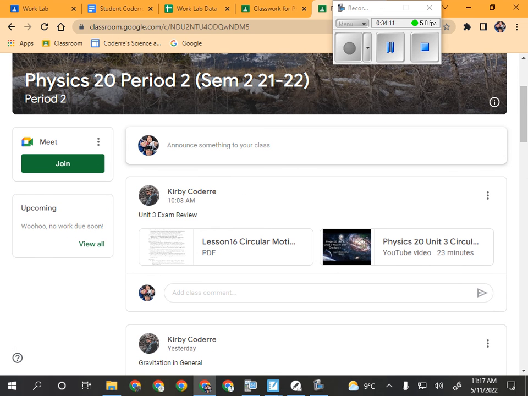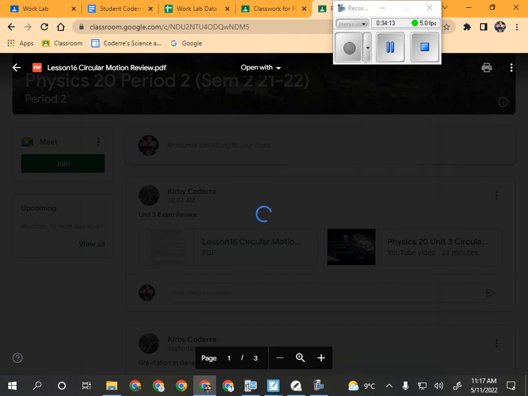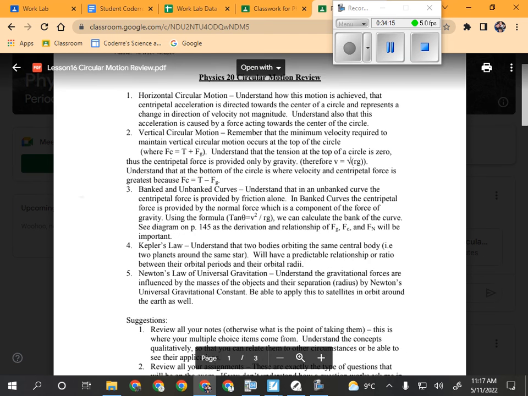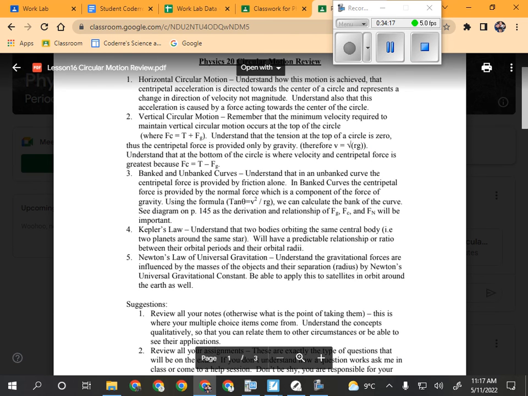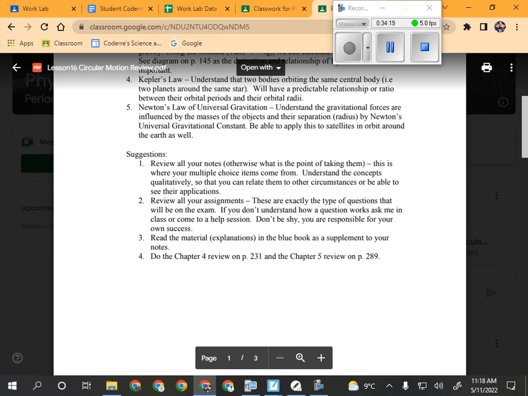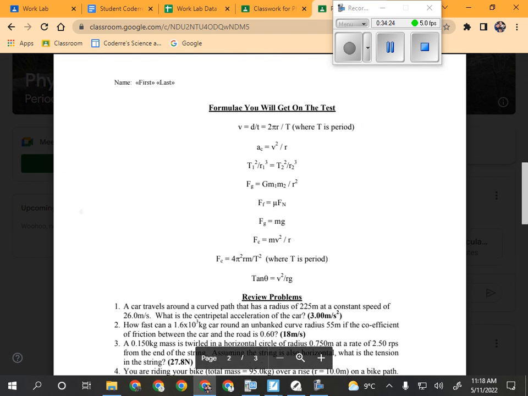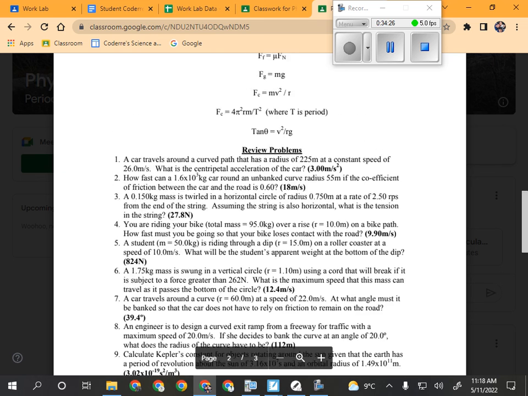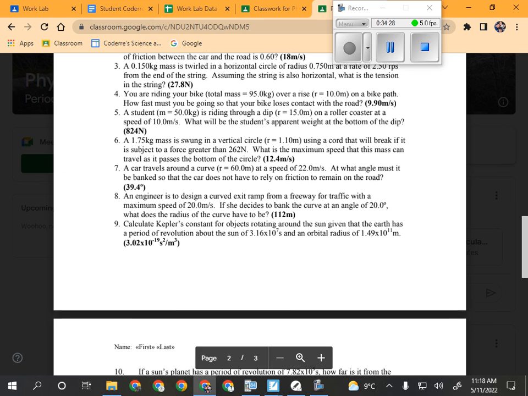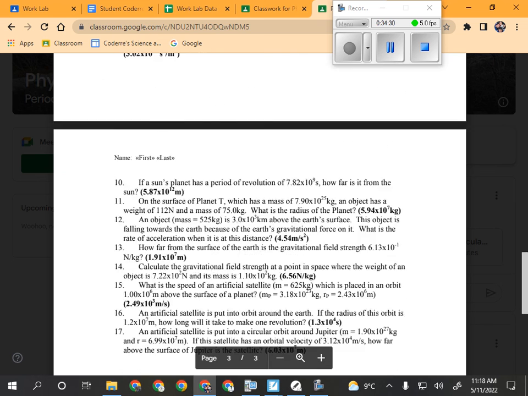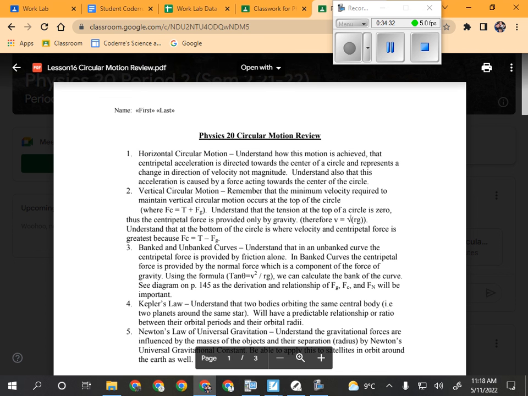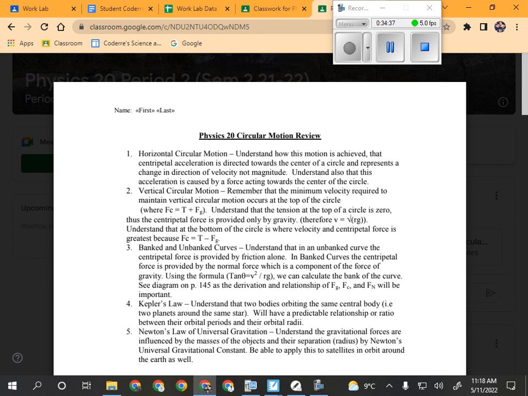If you click on that, there's basically just some quick review of those concepts, some suggestions for you, and then there's some practice problems for you to try. The answers are in bold, so some additional study material there that you are more than welcome to use. If more questions come up before the end of class, let me know, and I'll be happy to answer them for you.